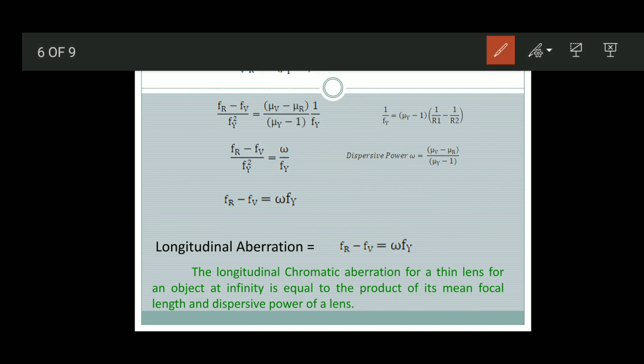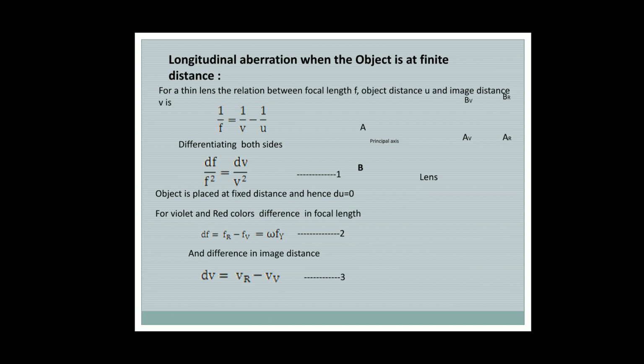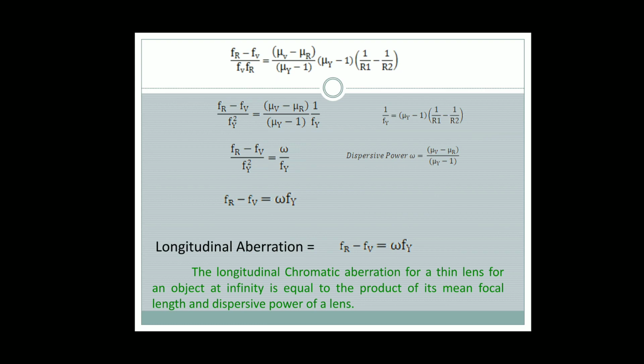If it is multiplied and divided by (mu y minus 1), then this equation can be written as (Fr minus Fv) by (Fr Fv) is equal to (mu V minus mu R) by (mu y minus 1) into (mu y minus 1) into (1 by R1 minus 1 by R2), where mu y is the refractive index of the glass material for yellow color, where yellow is the mean color of the violet and red colors.